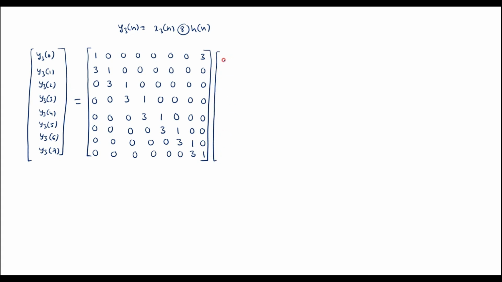H of n is nothing but 1, 2, 3. Rest all are zeros. So now performing multiplication between these two, that is 1 into 1 is 1 is 0, plus 3 into 2 is 6, 1 into 3 is plus 3, rest all values are 0.